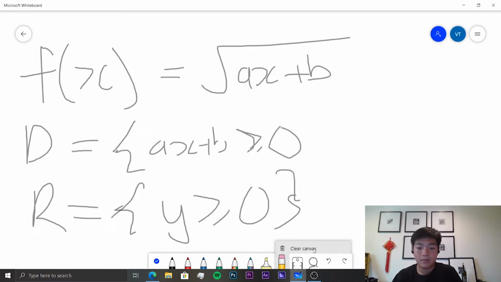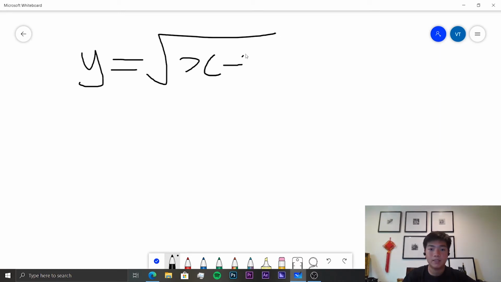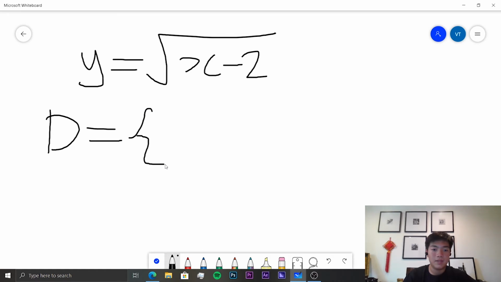So let's jump right into some questions. There are not a lot, so we need to simply determine the domain and range of some functions. The first function is y equals the square root of x minus 2. The domain of this function will be when x minus 2 is greater than or equal to 0, in other words, when x is greater than or equal to 2.